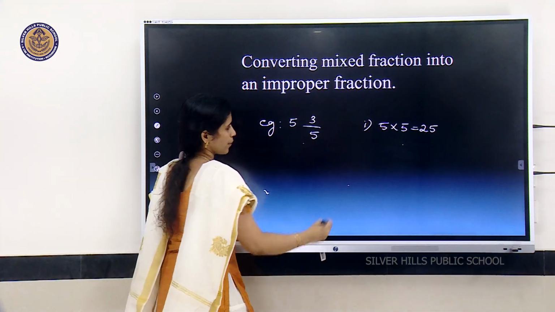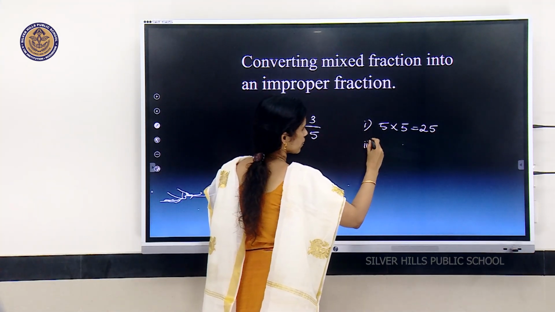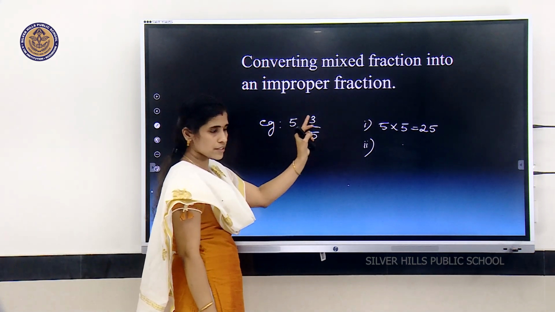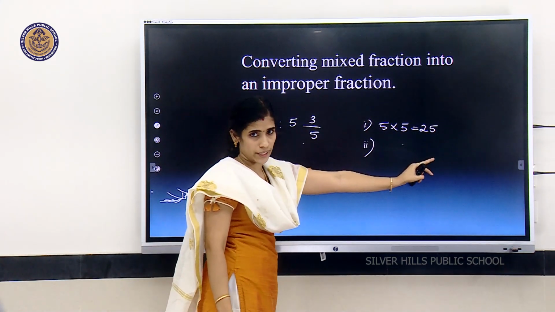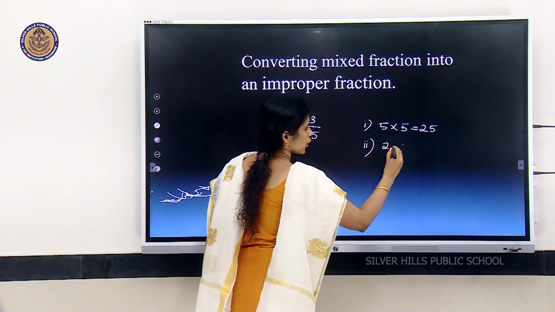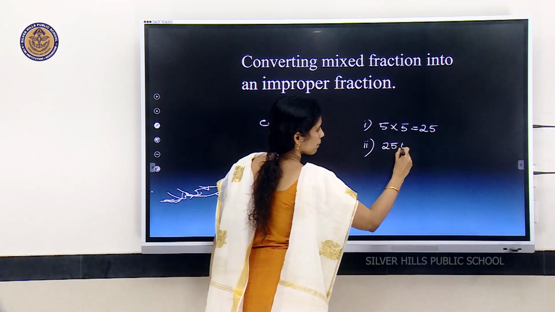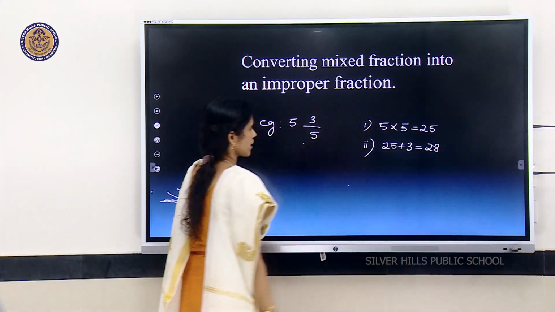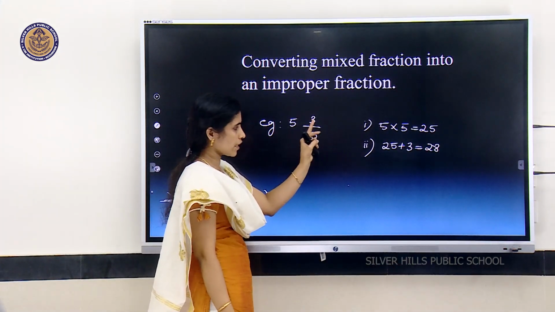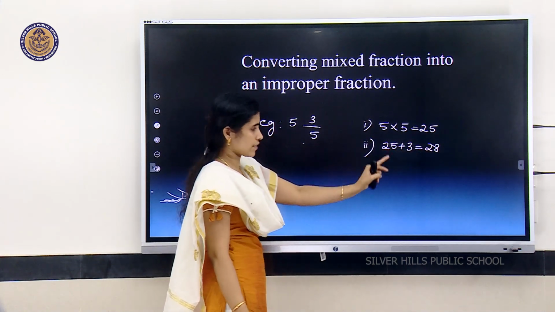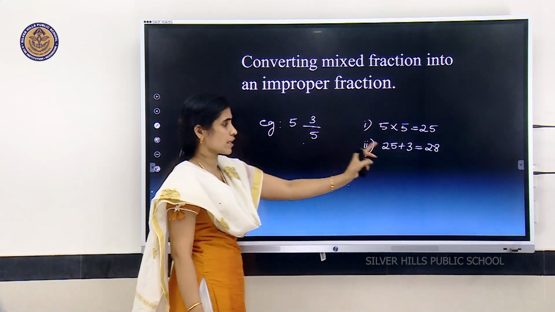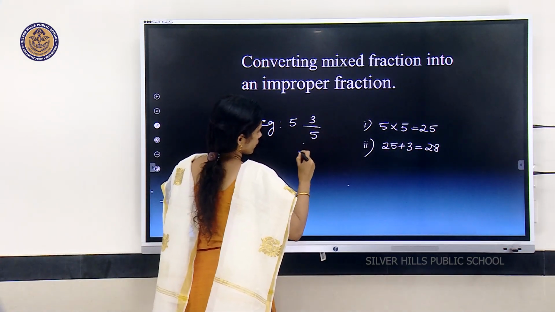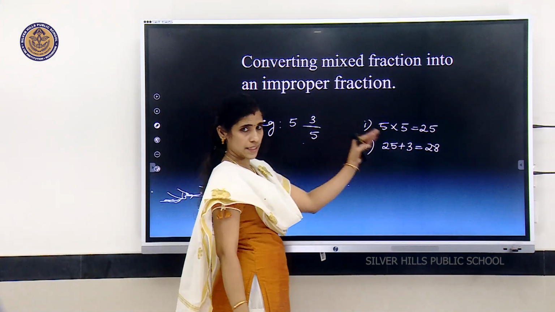And the second step, add the numerator 3 to this product, that is 25 plus 3 is equal to 28. This is the second step.